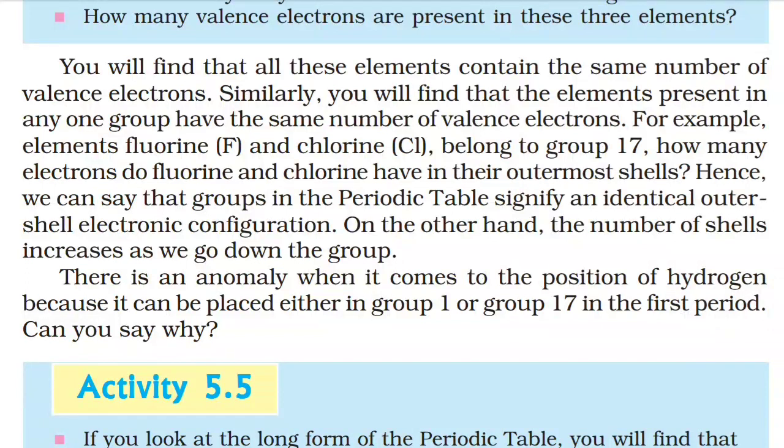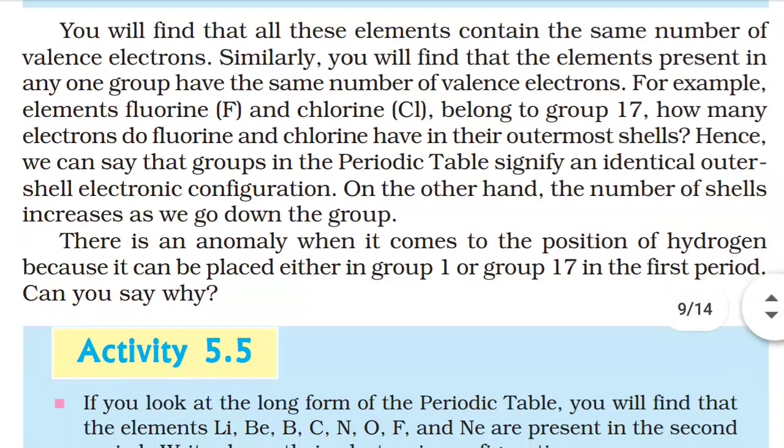Similarly, you will find that the elements present in any one group have the same number of valence electrons. For example, elements fluorine F and chlorine Cl belong to group 17. How many electrons do fluorine and chlorine have in their outermost shells? Hence, we can say that groups in the periodic table signify an identical outer shell electronic configuration.